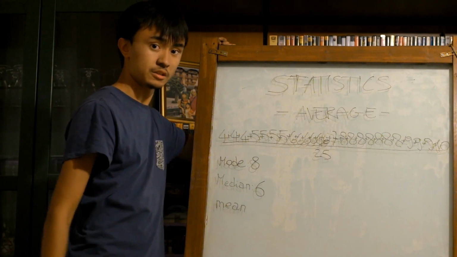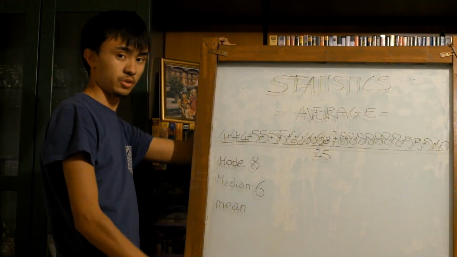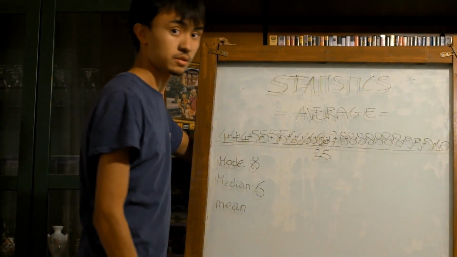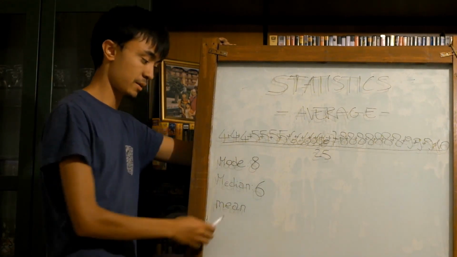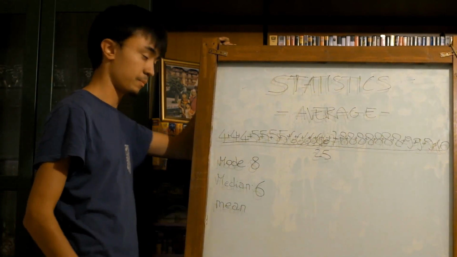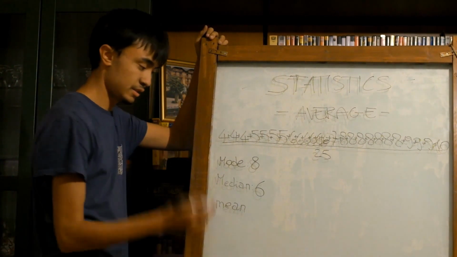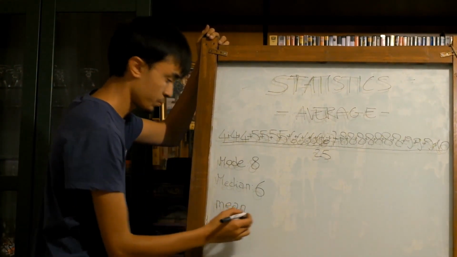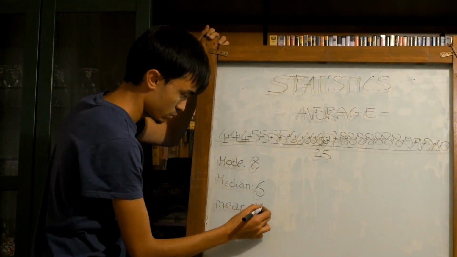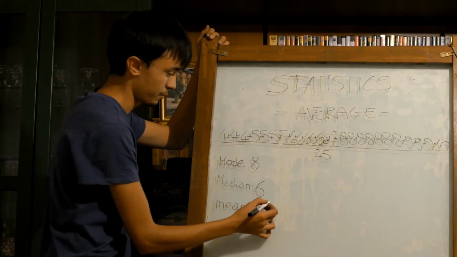For these and other reasons, mathematicians often use the measure of central tendency par excellence, the mean, or arithmetic mean. This is its symbol, mu, a Greek letter.